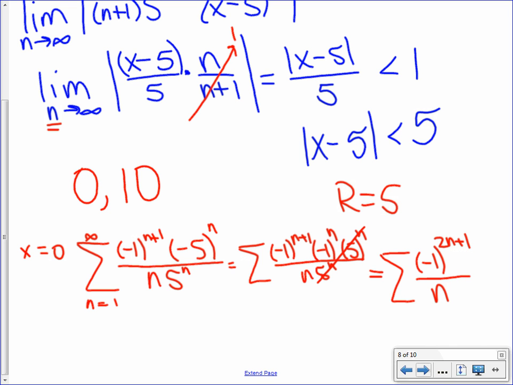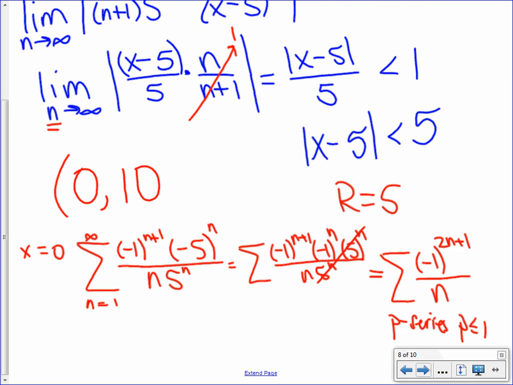I mean, however you want to look at it, is it going to converge?